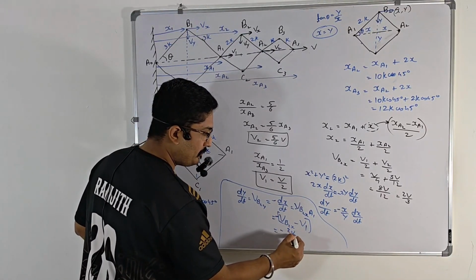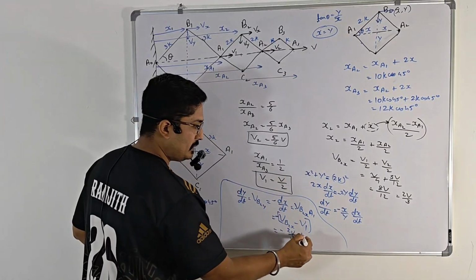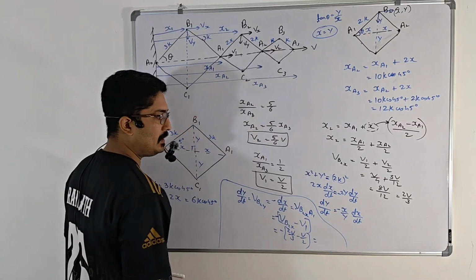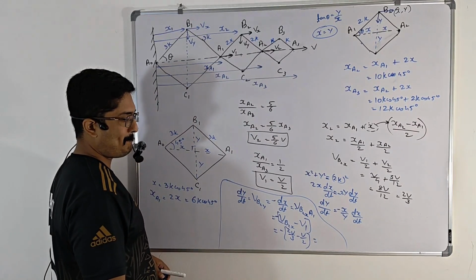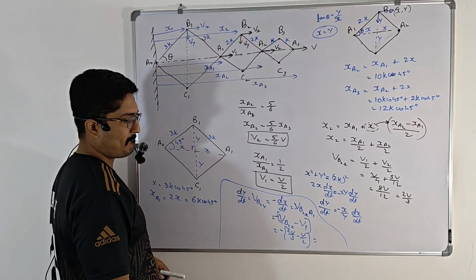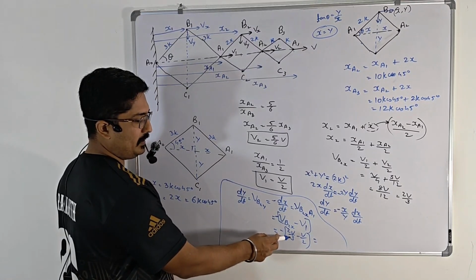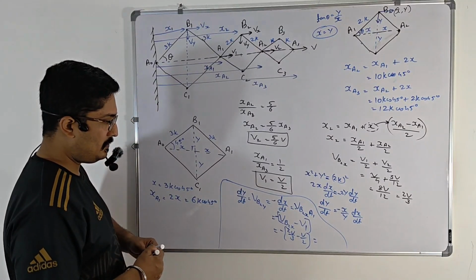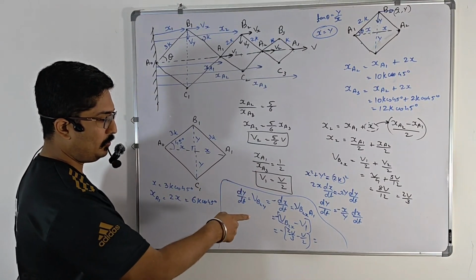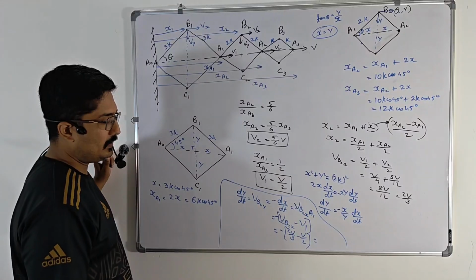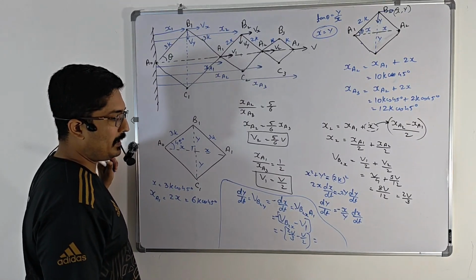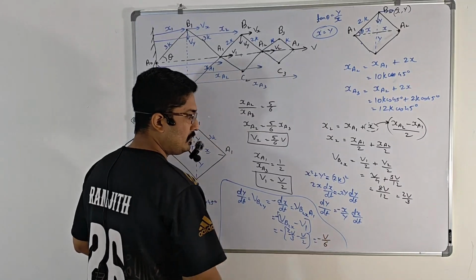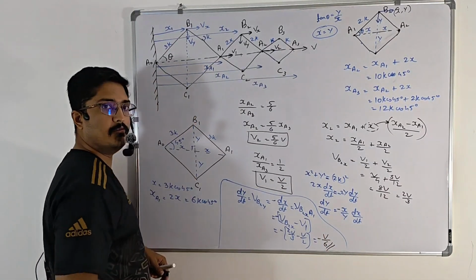It is 2v by 3 minus that velocity v by 2. So this should finally give me the answer. 2v by 3 and v by 2. Is it correct? So I'll be getting 3 and 2, so I'll be getting minus of v by 6. This becomes the vertical component.